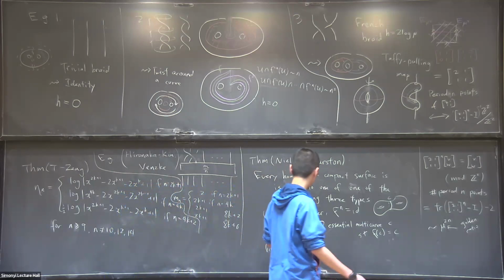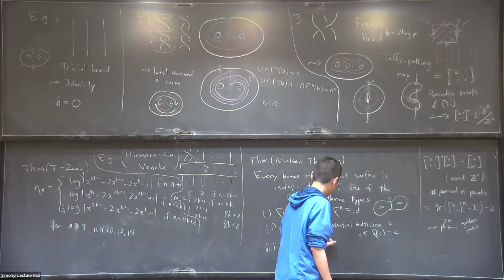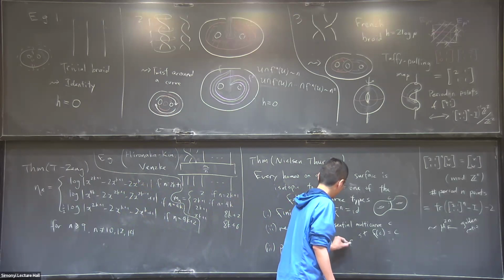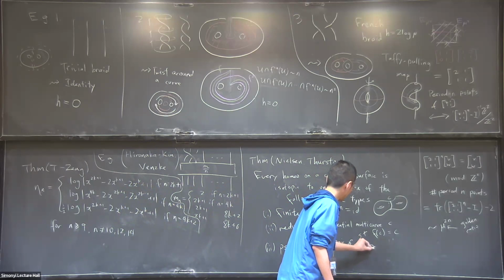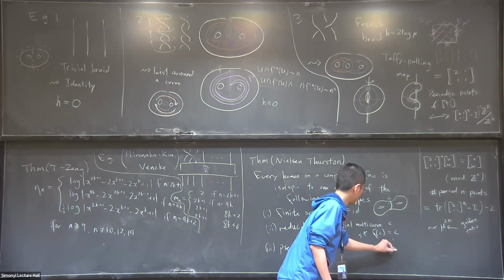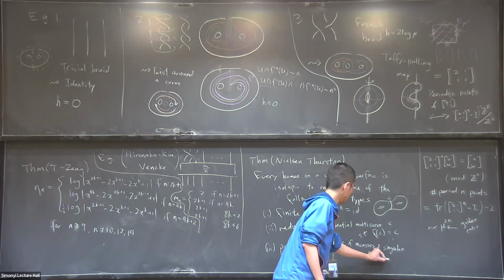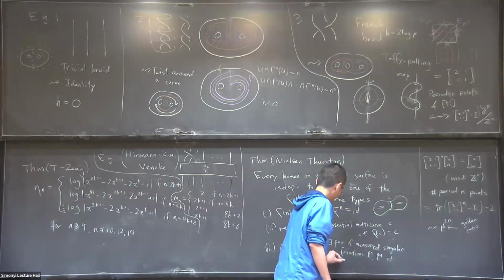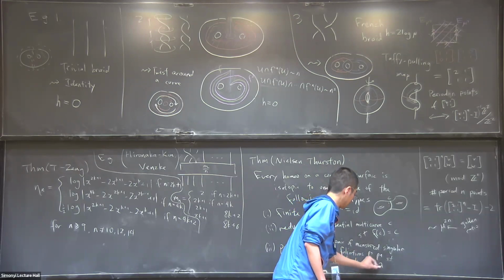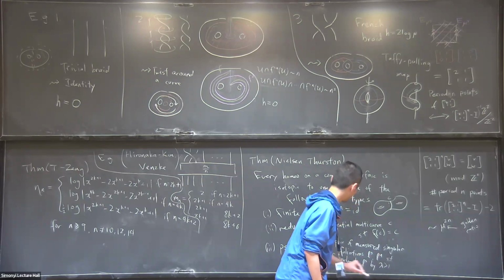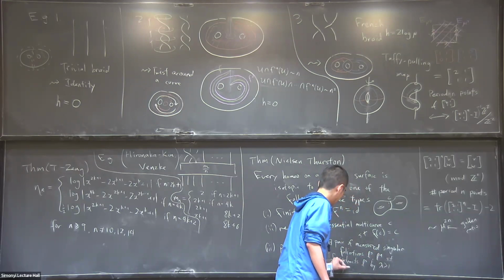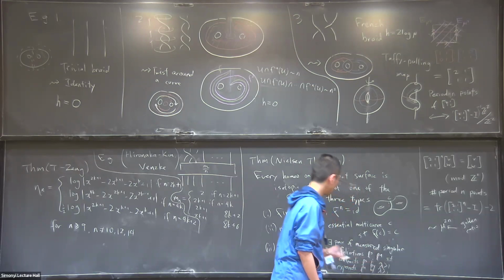So here pseudo-Anosov means that there exists a pair of measured singular foliations, L^u and L^s, so that F contracts L^s by some number lambda greater than 1 and expands the other foliation by the same number.